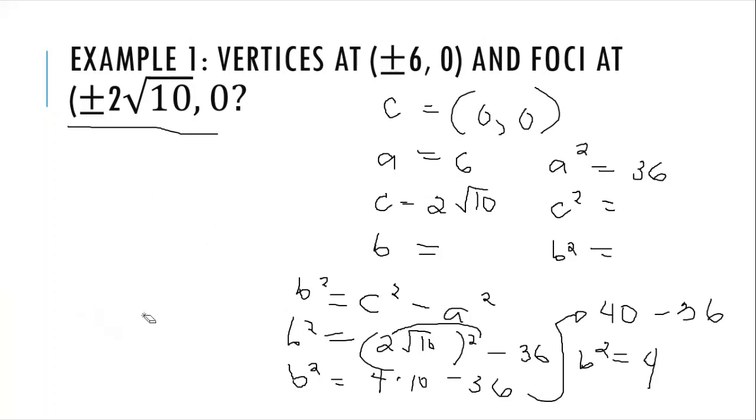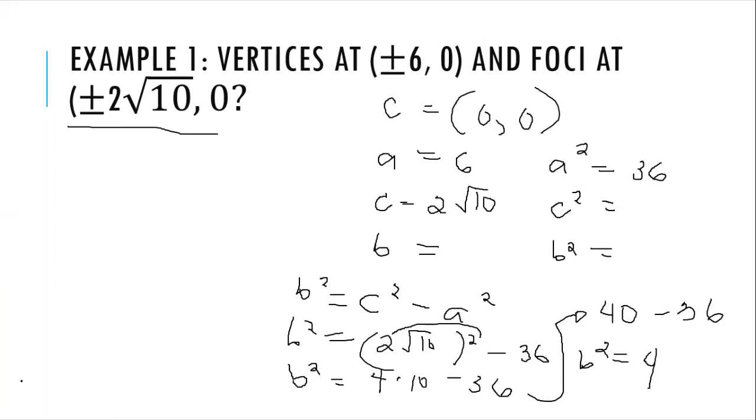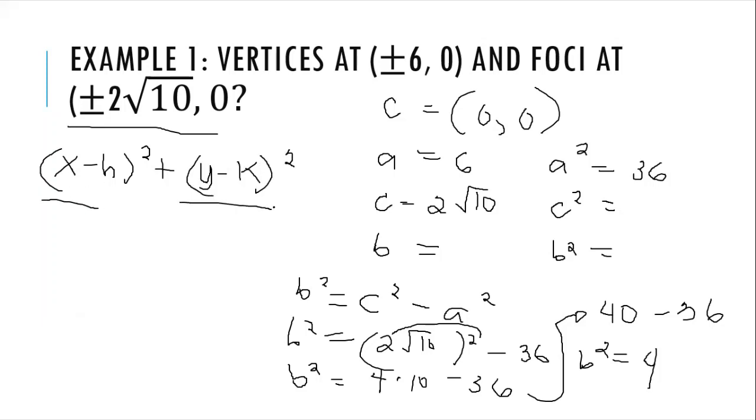Okay po, so we have our b squared already, so we can have now our standard form of the hyperbola, with vertices at positive, negative 6, and foci at positive, negative 2 square root of 10. Okay po, so formula: (x minus h) quantity squared, plus (y minus k) quantity squared over, saan ang transverse natin?